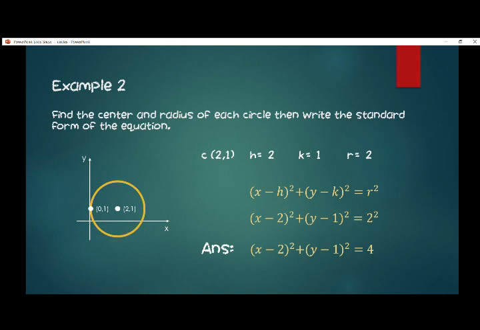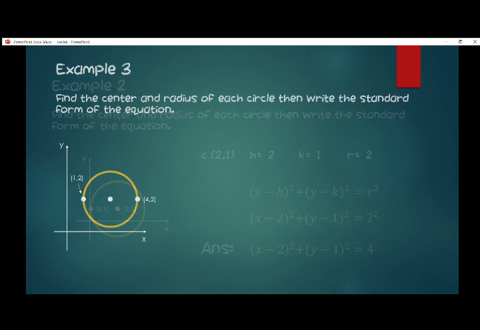And magre-result siya sa quantity x minus 2 squared plus quantity y minus 1 squared equals to 2 squared. Then ang ating final answer or the standard equation is quantity x minus 2 squared plus quantity y minus 1 squared is equals to 4.